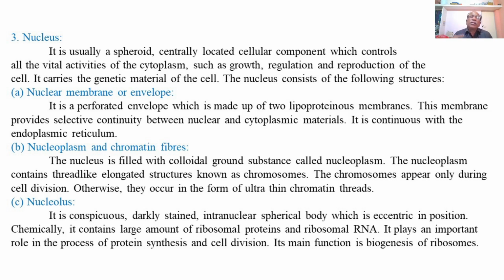Then the second component of the nucleus, just inside the nuclear envelope, is the nucleoplasm and chromatin fibers, or the chromosomes. The spherical nucleus is usually filled with a colloidal ground substance called nucleoplasm.